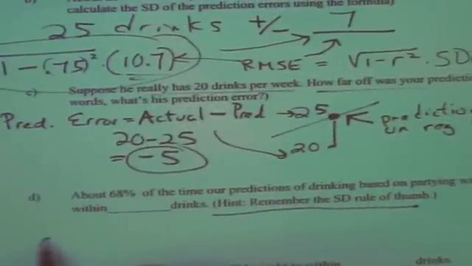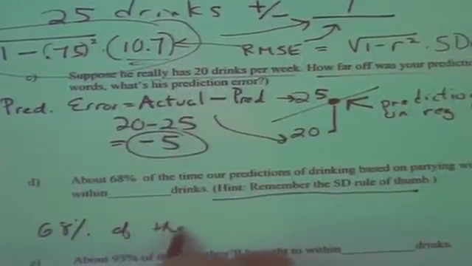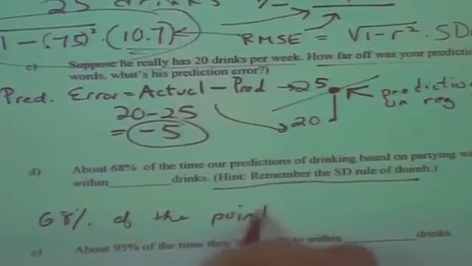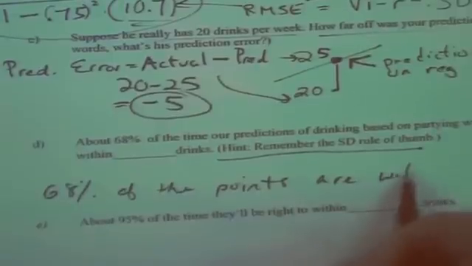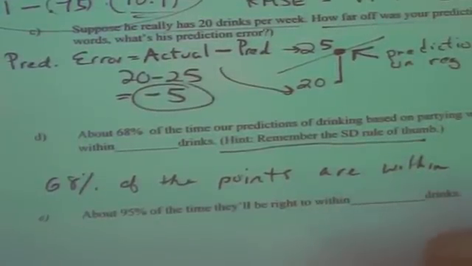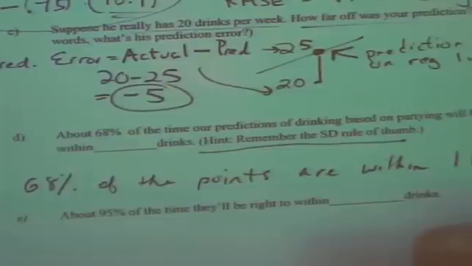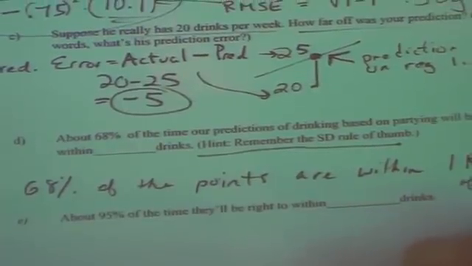That's what we're talking about. So let's write that down. 68% of the points usually, and in this case it's true, it's not always the case, are within one root mean square error of the regression line.